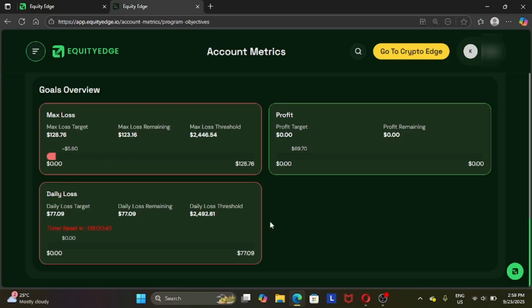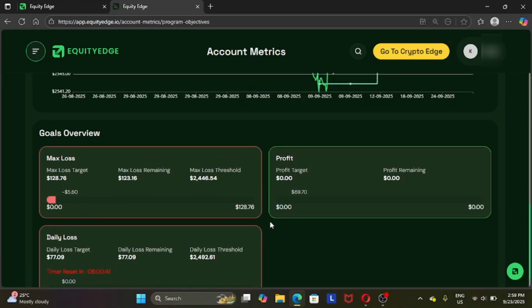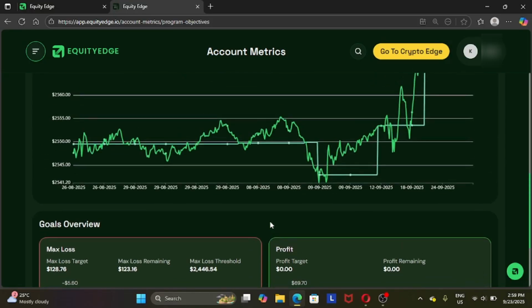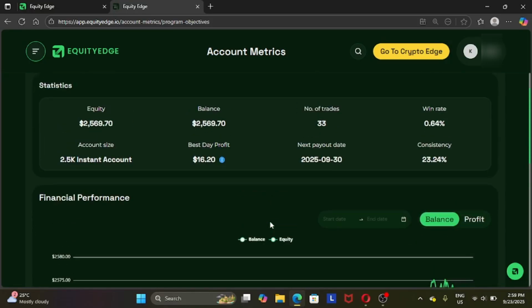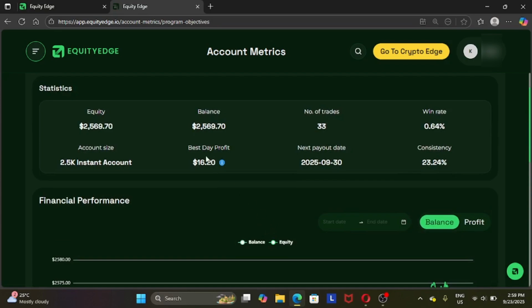Personally, I dislike trailing max loss. I dislike it with a passion. But it is what it is. The reason I dislike it is because, for example, I would probably be increasing my risk now.